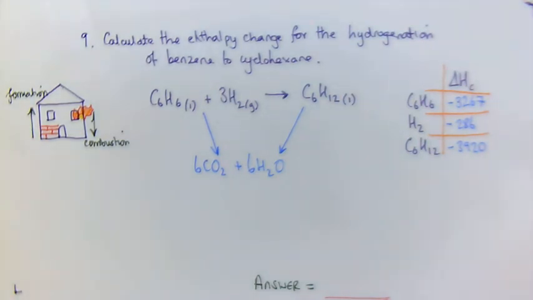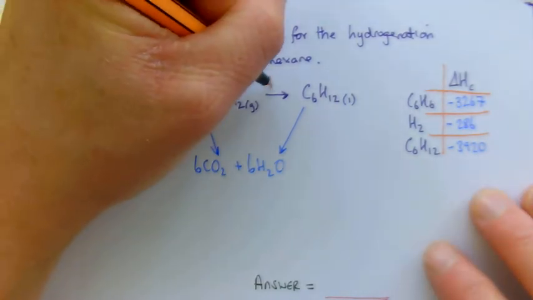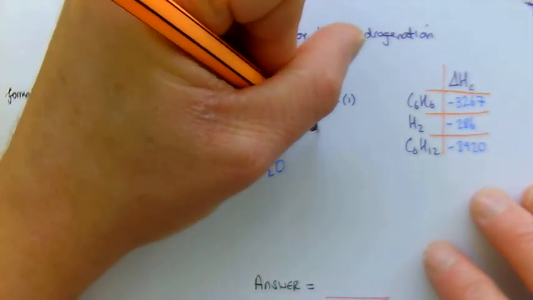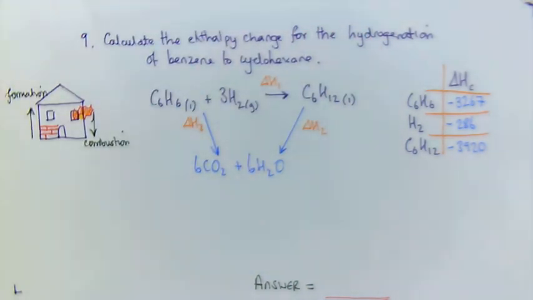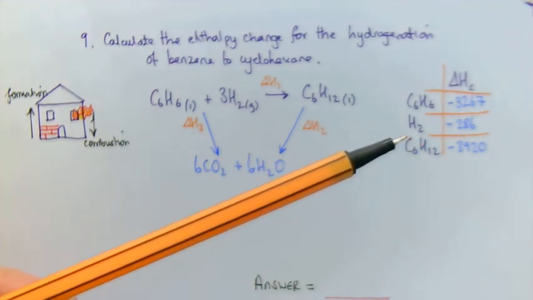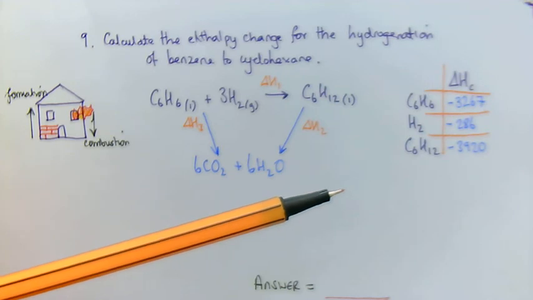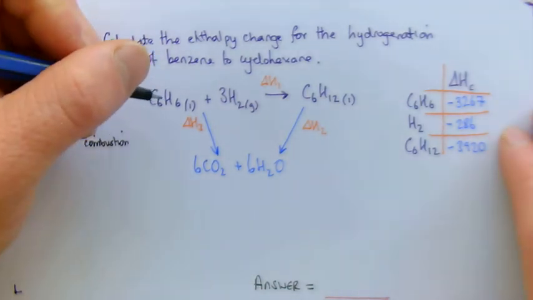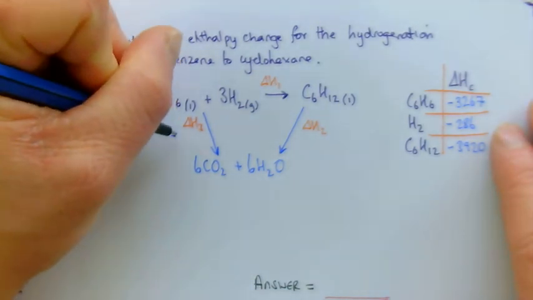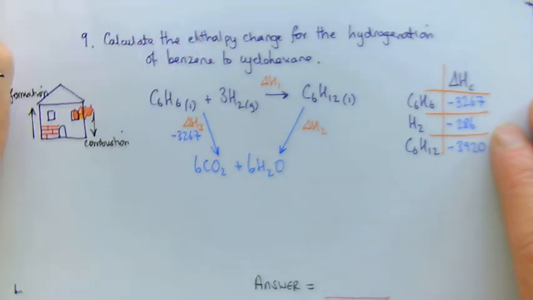The next thing I'm going to do is just arbitrarily assign some algebra to it. So let's just do this as delta H1, delta H2 and delta H3. So let's plug in some of the numbers. We're given some combustion data over here, so if we just plug in some of the numbers for that, we can put minus 3267 for benzene.